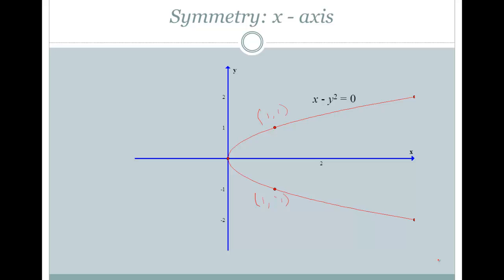We said that if (x, y) was on the graph, then (x, negative y) was on the graph. And you can see how it's just a mirror image across the x-axis. All right? This is the point (4, 2). And then down here, another point (4, negative 2). Okay? Again, it's just a flip. I'm following along these lines right there. Okay? Hopefully that makes sense.